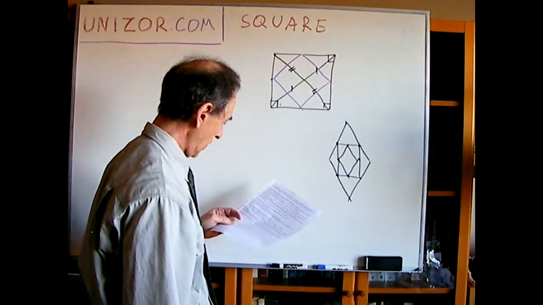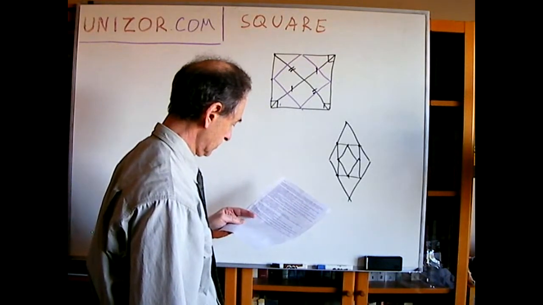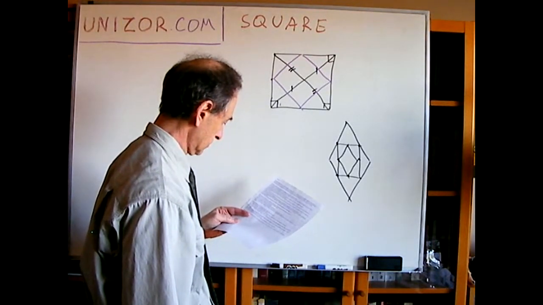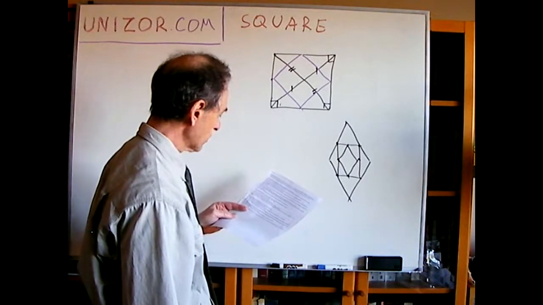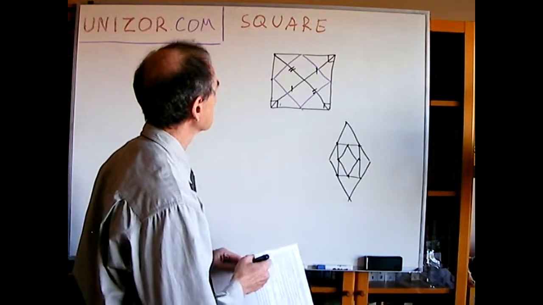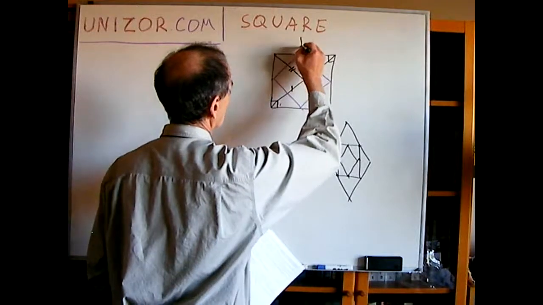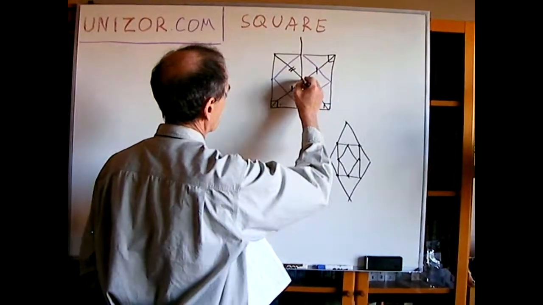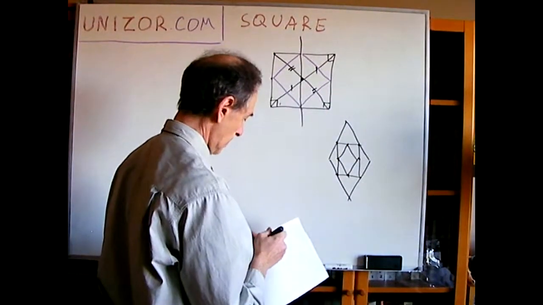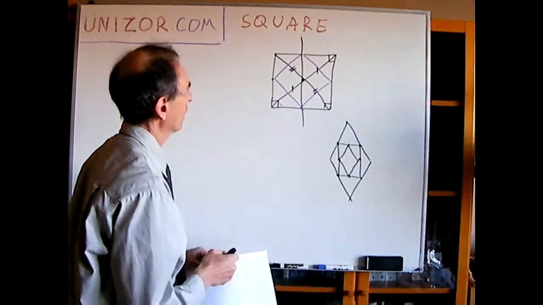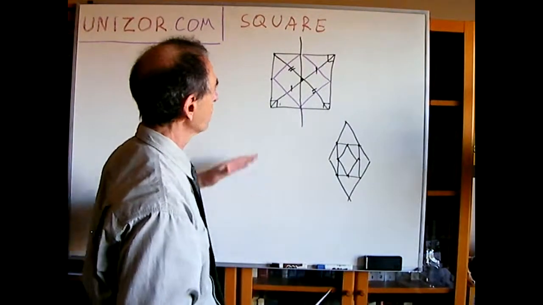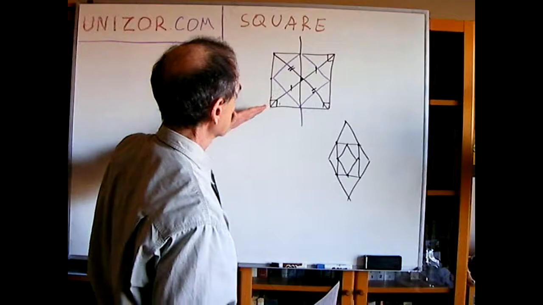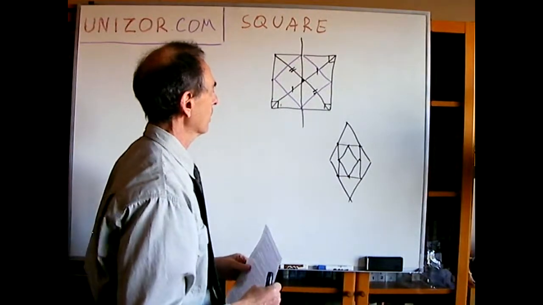Now, a line drawn through midpoints of opposite sides is an axis of symmetry. Remember, for the rhombus, a diagonal is an axis of symmetry.